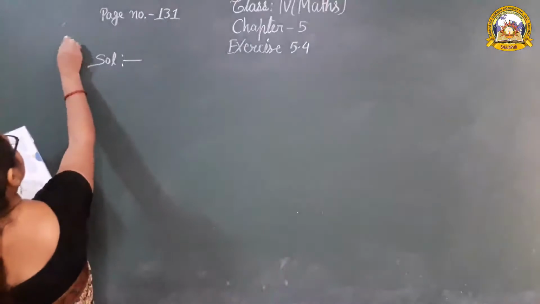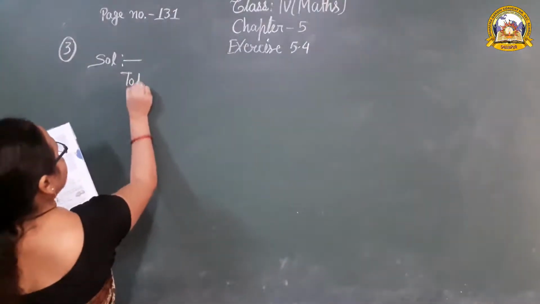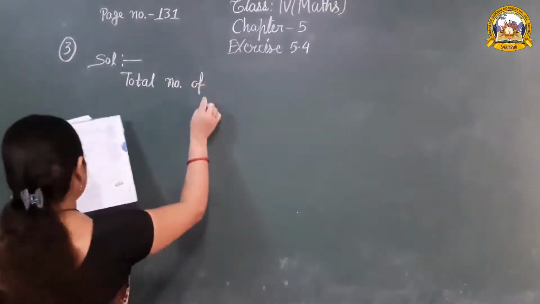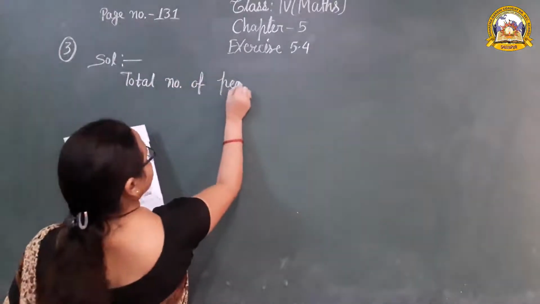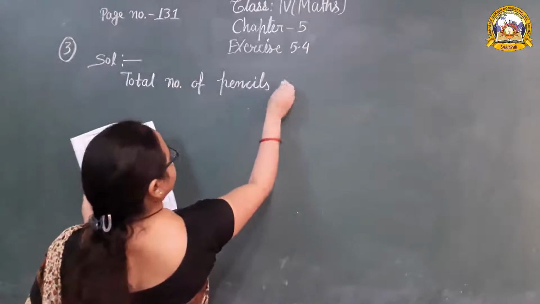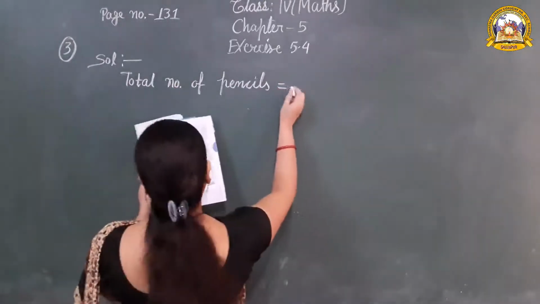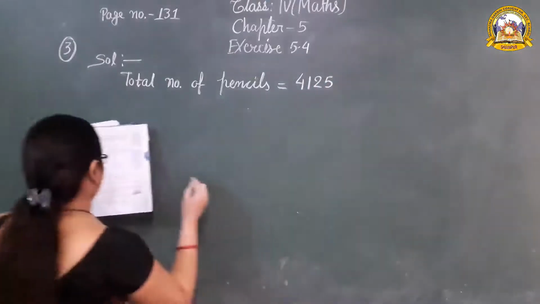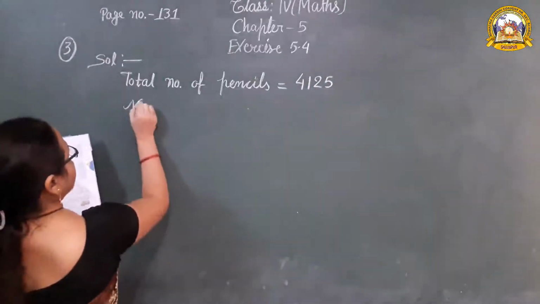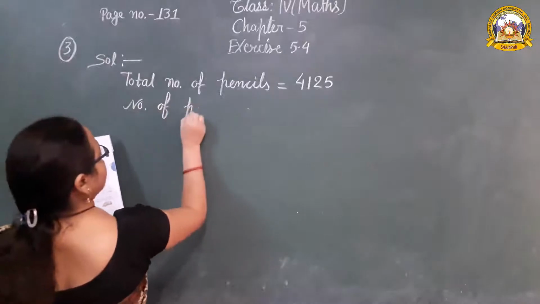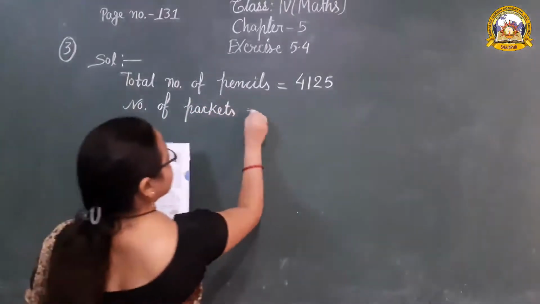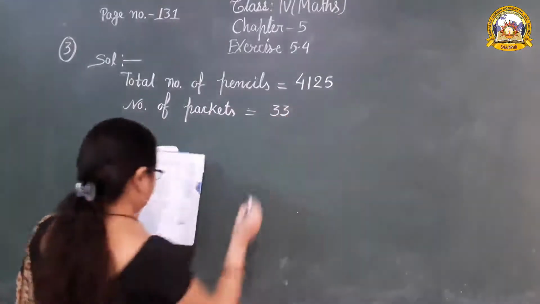Question number 3. First we write the total number of pencils. Total number of pencils is equal to 4125, and number of packets is equal to 33.